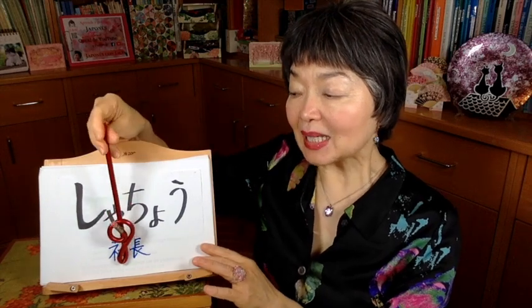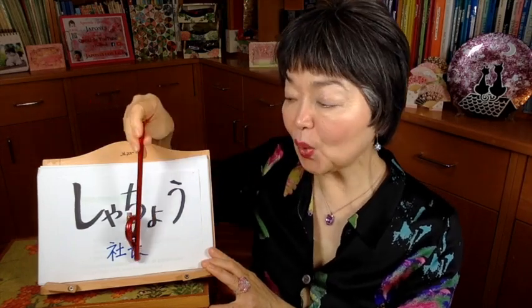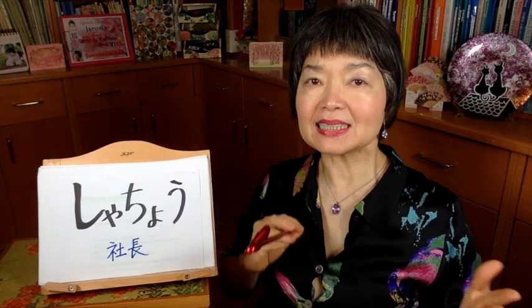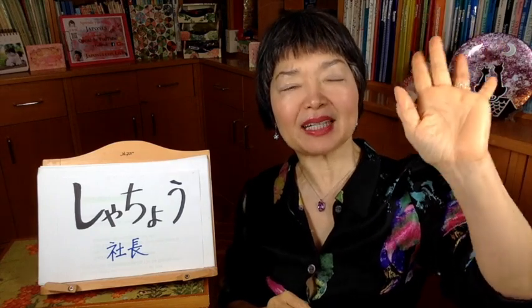社長. Well, 社 comes from 会社, a company. And 長, we can also say 長い, long. But for a person, 長 is someone in the highest category, the very upper level.